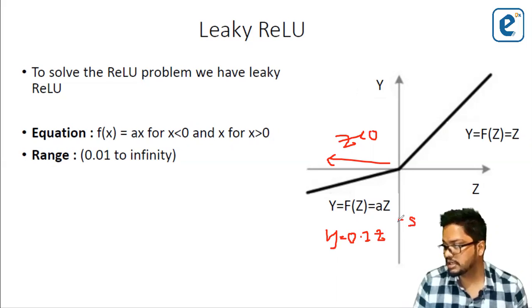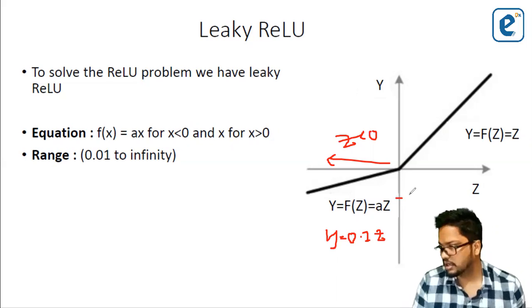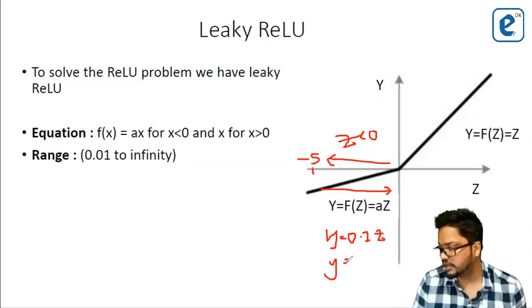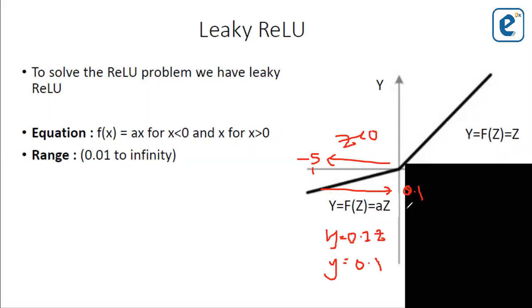Let's say z is minus 5. Then y will be minus 5 times 0.2, which will give you minus 1.